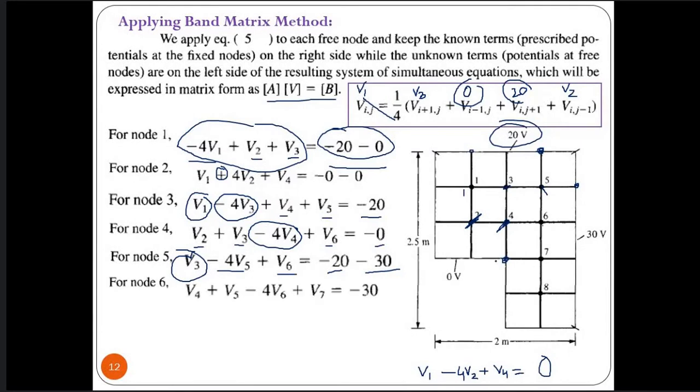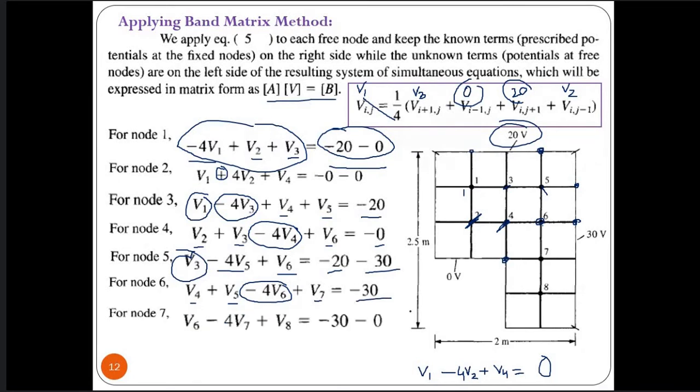Next, for node 6, it depends on 4, 5 and 7. So first you write V4, V5, then minus 4 V6, then V7. Then what about the fixed node? This is the fixed node, potential is 30, so it will be minus 30.